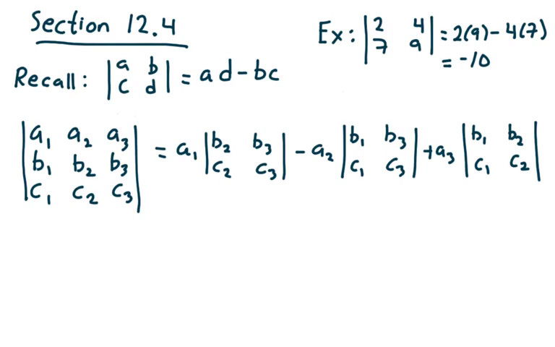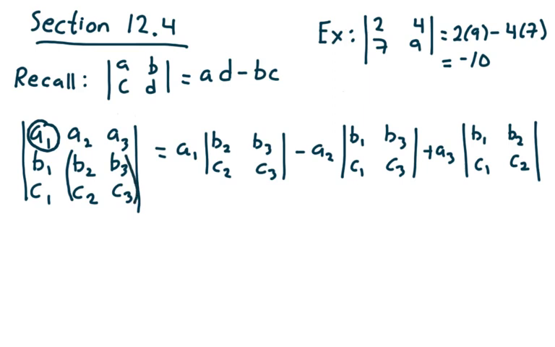Now, I'm going to take the first entry, which is A1, and multiply it by the determinant of the 2 by 2 matrix B2, B3, C2, C3. That matrix is found by eliminating the row and the column that contains the entry A1. And so you can see that this submatrix is what's left.